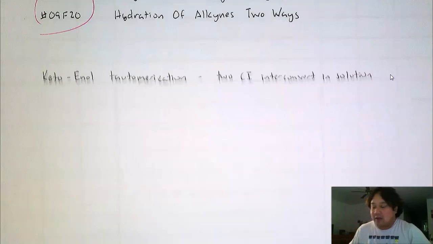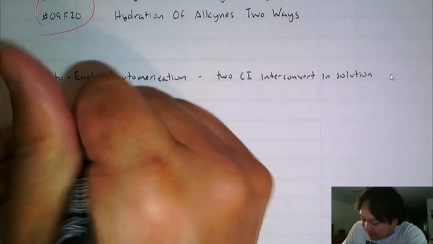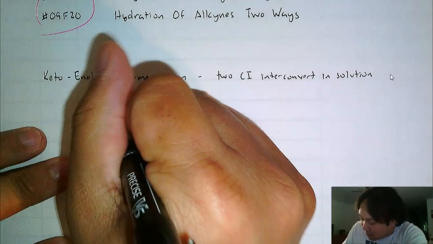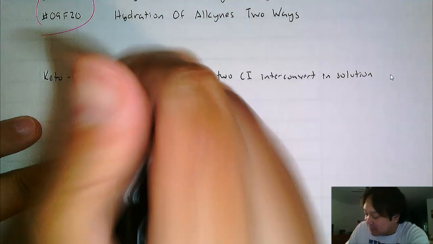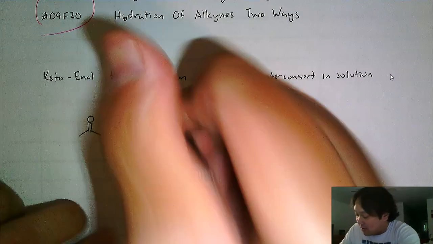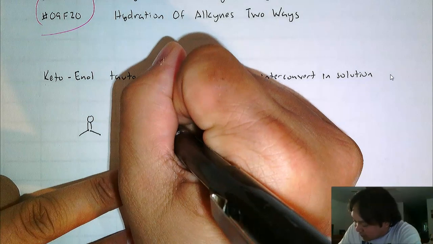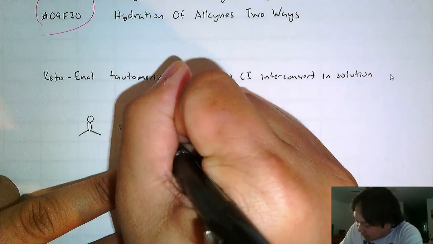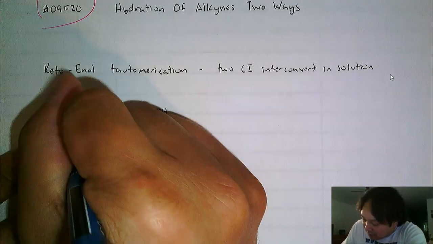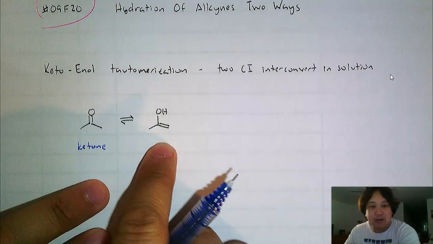Okay. And the simplest example of a keto-enol tautomerization is this. Let's say we have acetone, and again, it's not resonance, it's an equilibrium. It's going back and forth, and its isomer partner would be this molecule here. You know that this is a ketone, and this is actually an alcohol alkene.